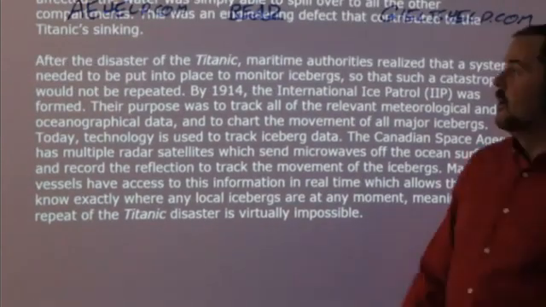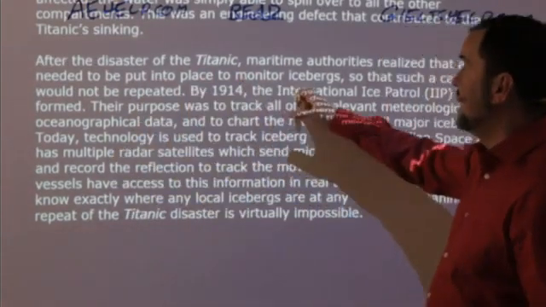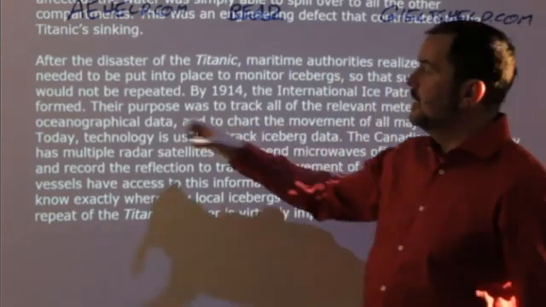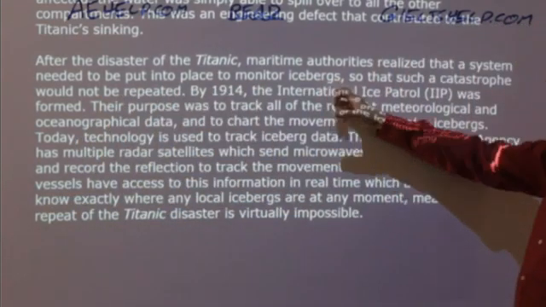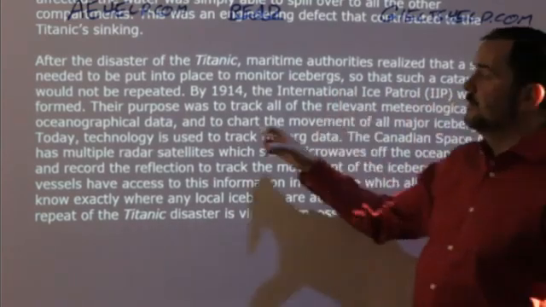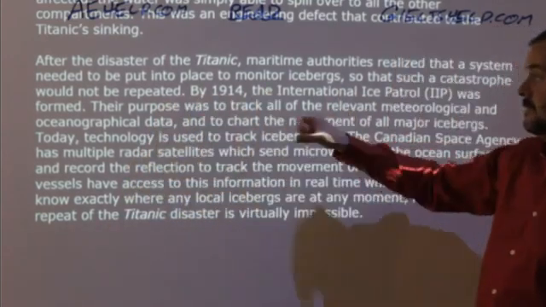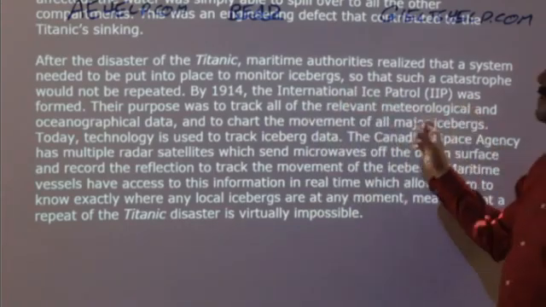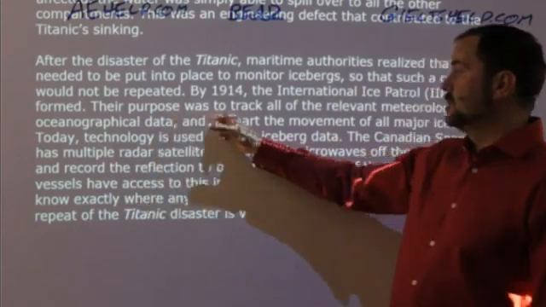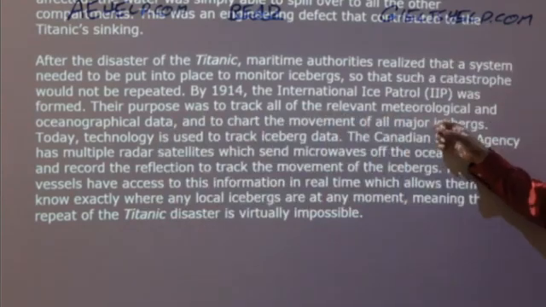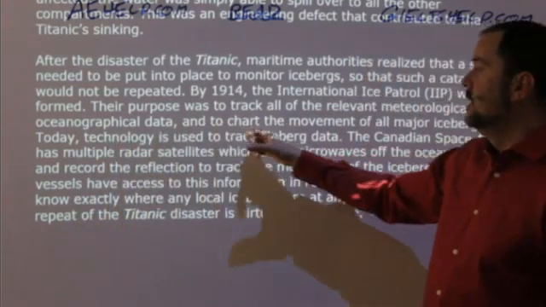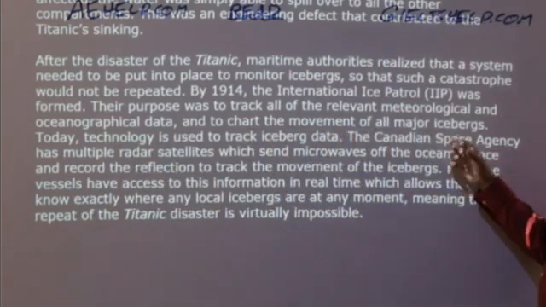So here we go. After the disaster of the Titanic, maritime authorities realized that a system needed to be put into place to monitor icebergs so that such a catastrophe would not be repeated. By 1914, the International Ice Patrol, IIP, was formed. Their purpose was to track all of the relevant meteorological and oceanographical data and to chart the movement of all major icebergs.